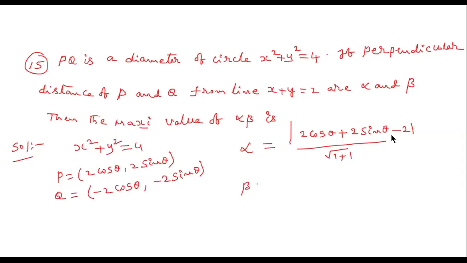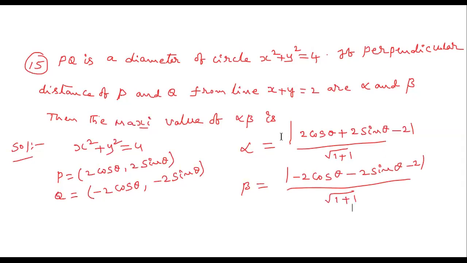Similarly, go for beta. Beta is the perpendicular distance from point Q to the line. So we get minus 2 cos theta minus 2 sin theta minus 2 divided by root 1 plus 1.